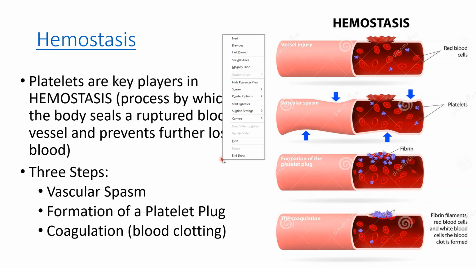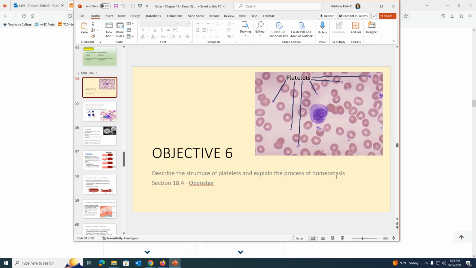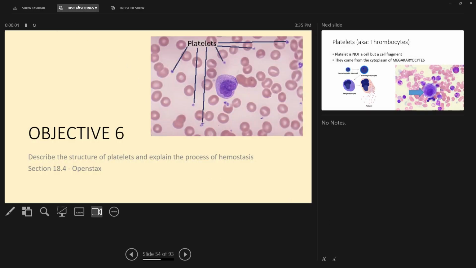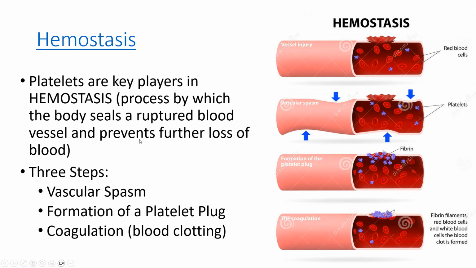I'm just going to back up a minute because I want to make sure I said that correctly. Homeostasis, that's not correct. That should not be homeostasis. There we go. That's what it should be. Hemostasis. So you need to change that, because I thought I said that wrong when I said it.